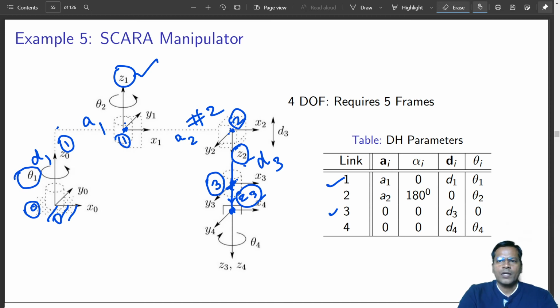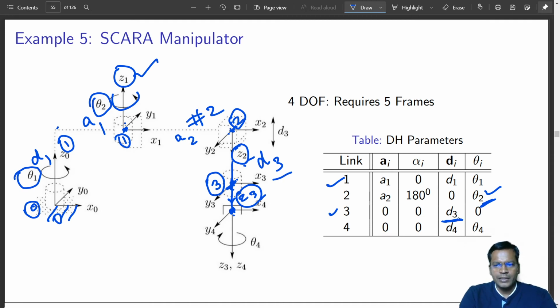But in case of this, you just have a revolute joint. Point 2 rotates about z1 by an angle theta 2. So this is the joint variable here. Point 3 can come down with respect to point 2 by a distance d3.